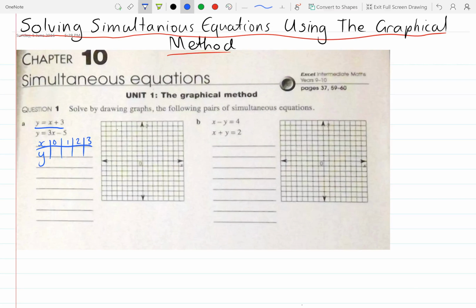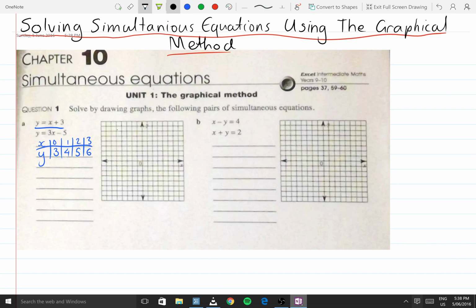When x is 0, my y is going to be 0 plus 3, which is 3. When my x is 1, my y is going to be 1 plus 3, which is 4, then 5 and 6.